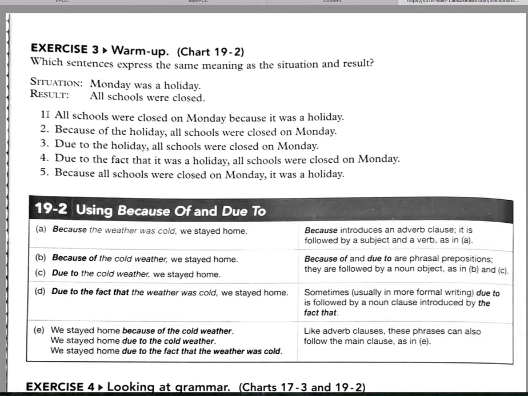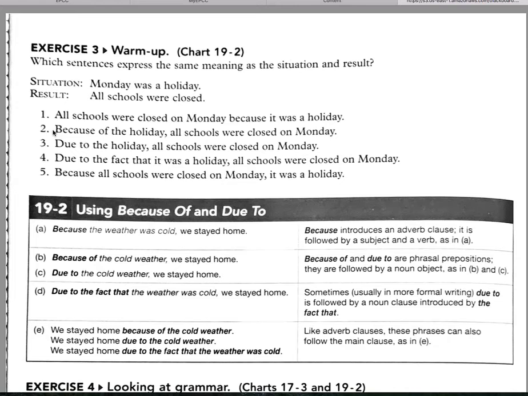Okay. Yes or no? All schools were closed on Monday because it was a holiday. Is that a yes or a no? That's a yes. That's correct. It gives you the same meaning as the situation and the result. Look at number 2. Because of the holiday, all schools were closed on Monday. Yes or no?